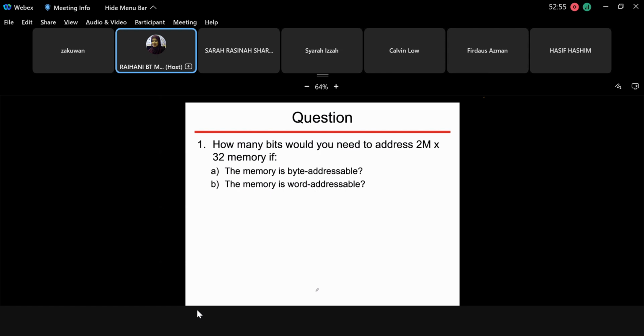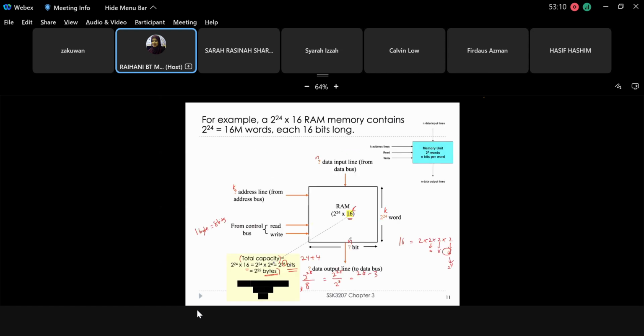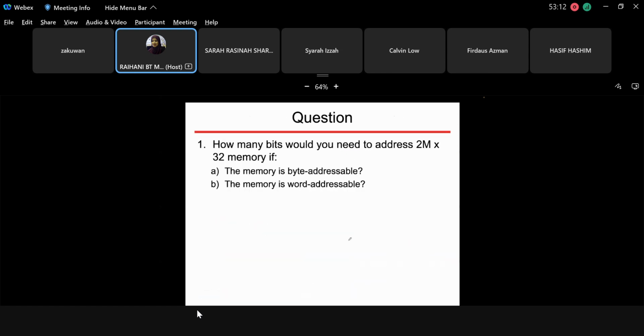Meaning that your answer must be in bytes. And the other one is the memory is word addressable. All right, so can you do it now? Try to look at this first, and then try to relate this one. So how can you calculate for 2 million times 32 memory?